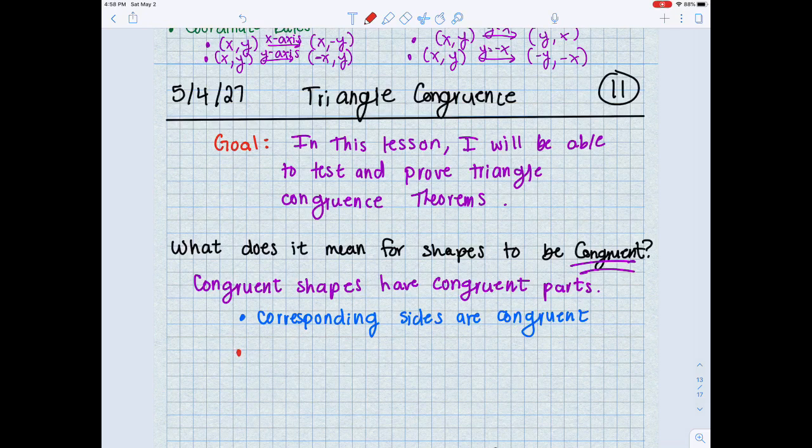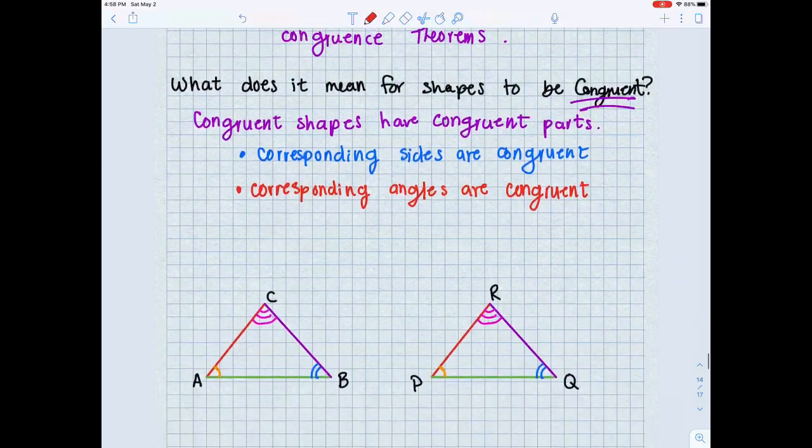Then the second part would be the corresponding angles are congruent. If all of the corresponding sides are congruent and all of the corresponding angles are congruent, then we have ourselves two congruent figures.